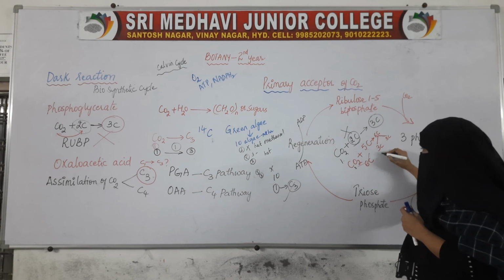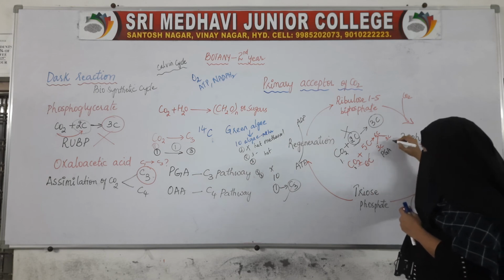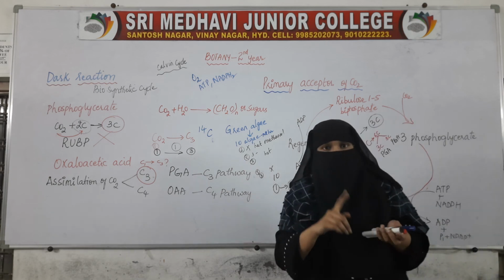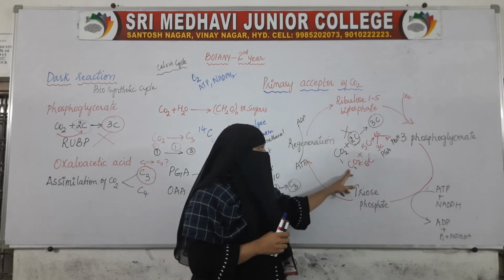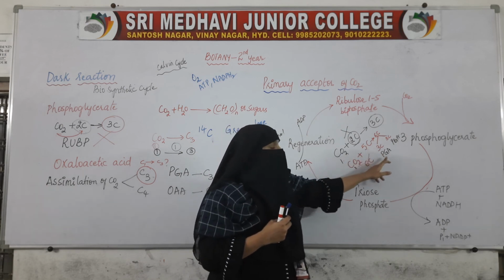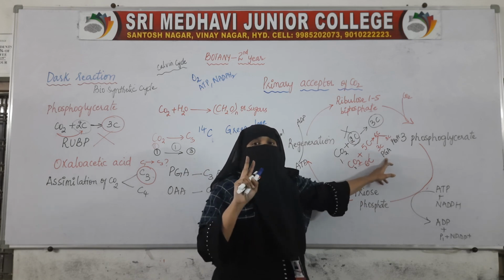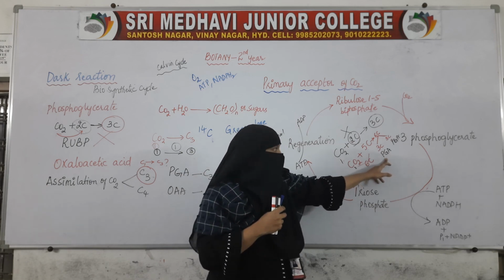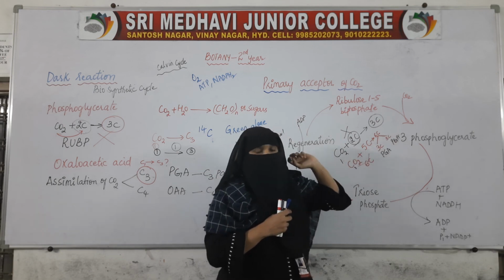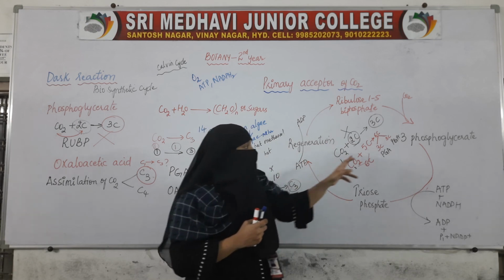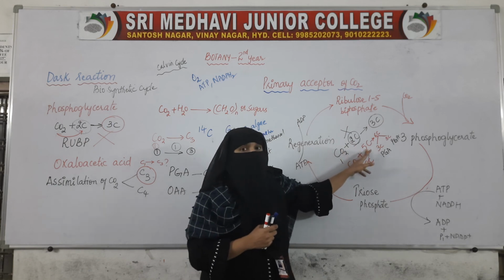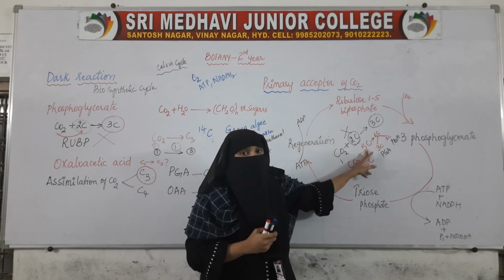This 3 carbon compound is nothing but phosphoglyceric acid. So when carbon dioxide combines with a 5 carbon compound, it gives rise to 2 molecules of 3 carbon compound, and that 3 carbon compound is nothing but phosphoglyceric acid. Now what is this 5 carbon compound?